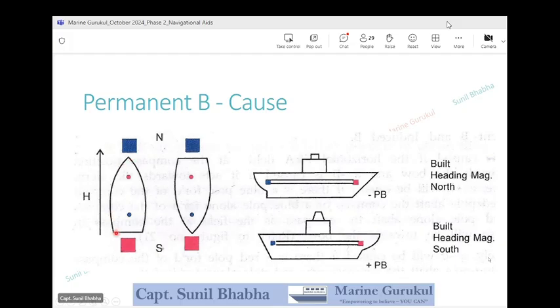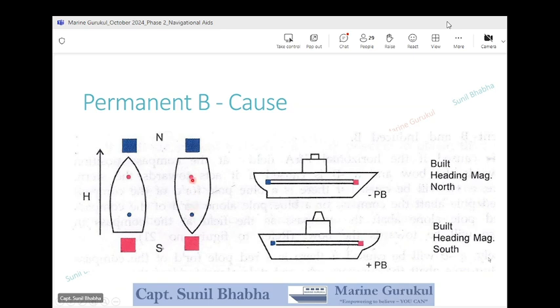If it is built on a northerly heading, the lines of force will be entering from the stern of the ship and leaving from the bow of the ship, giving the stern a blue polarity and the bow a red polarity. Now, if the ship was built on a southerly heading, then in that case, you will have a blue bow and a red stern.